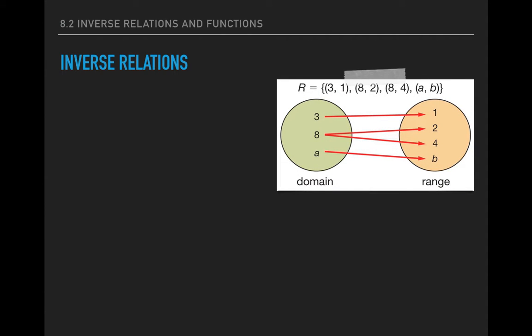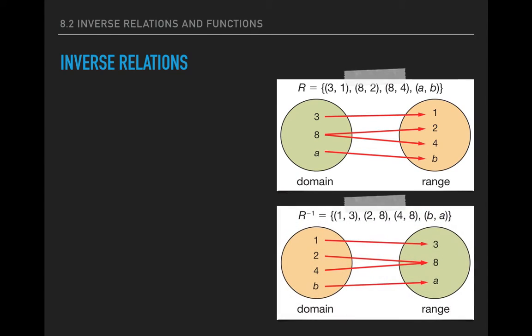Visually, say this is our relation R. You see the domain, it's that green circle, and it's paired with items in the range. The inverse would be literally taking the range, making it the domain, and mapping it to what was once the domain.